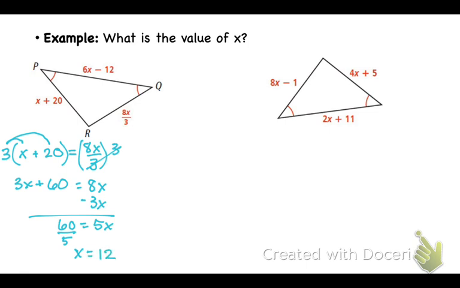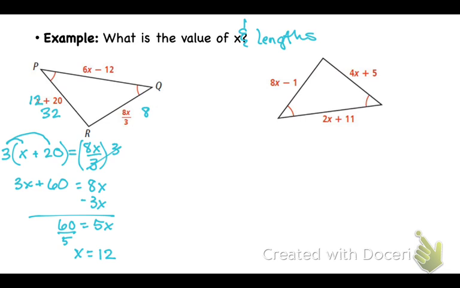So now we need to find what x is, and we also need to find the lengths. So I have to plug the x back in, right? So this would be 12 plus 20 equals 32. So the other side better also equal 32, yes?